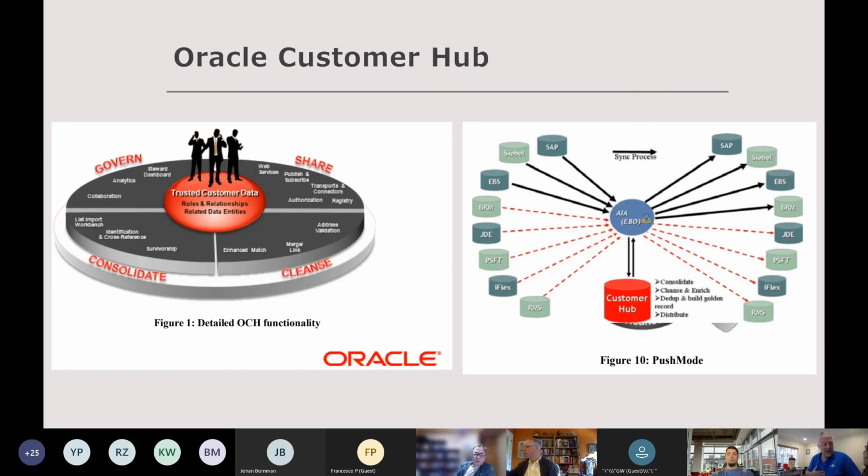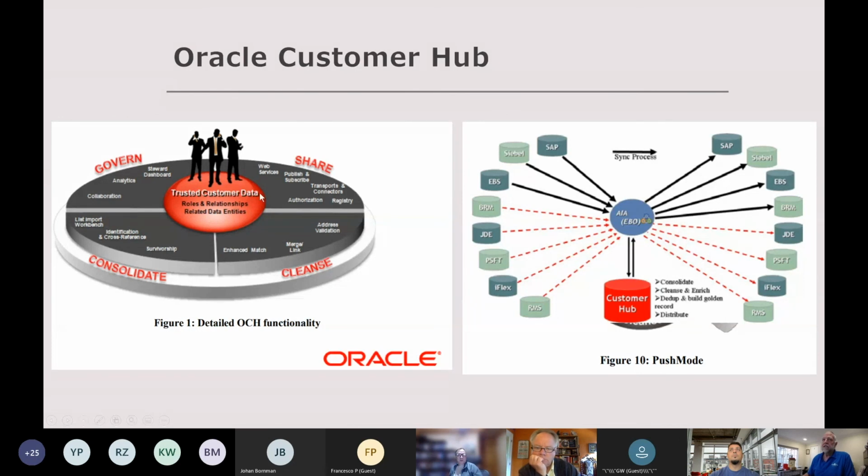The other involvement that I've had is with Oracle, the Oracle Customer Hub. I worked on a procure to pay, and I must admit I really liked the Oracle Customer Hub. And the thing I liked about it was that you could spend time getting the customer data into the Oracle Customer Data Hub, and that could bring in from all the different Oracle subsystems, EBS.